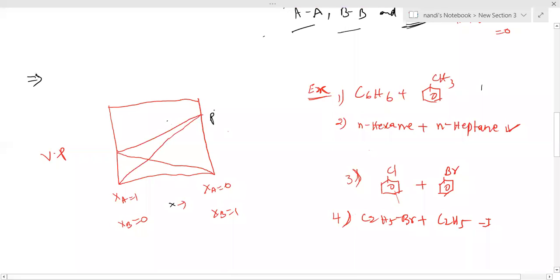This is P naught B, because XA equals 0 means only B is present. This is P naught A, because XA equals 1. This is P solution, this is PA, this is PB. In this case, P solution equals exactly the sum of PA plus PB.